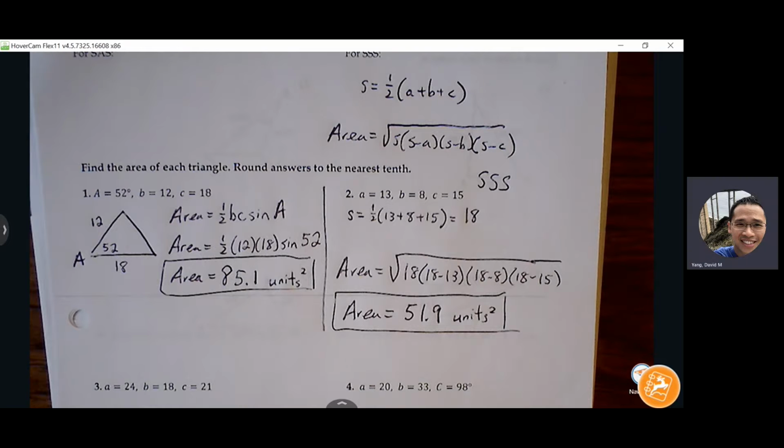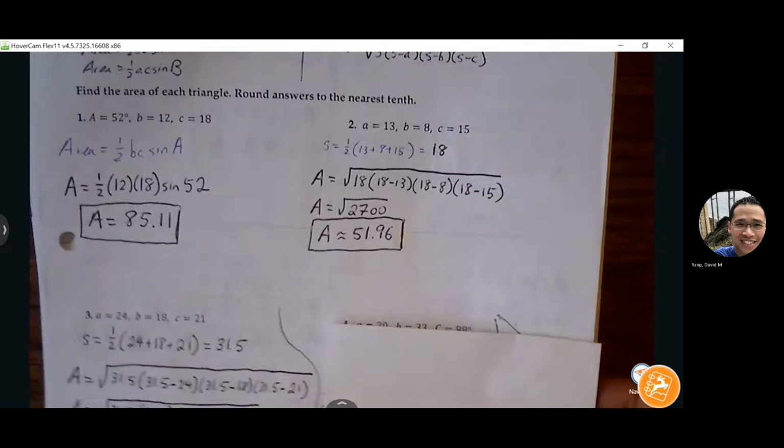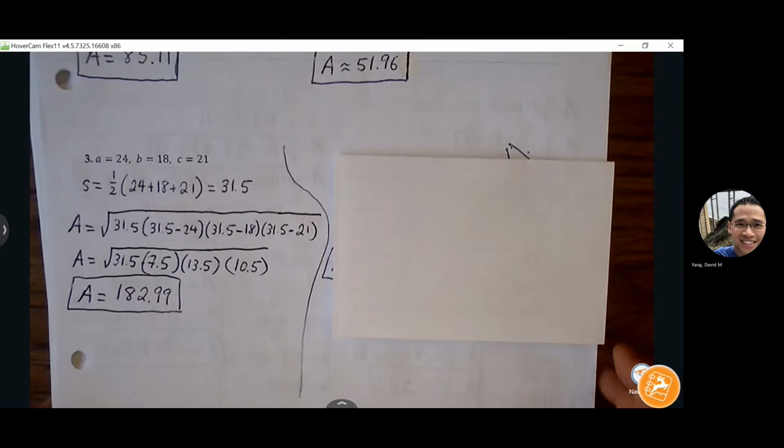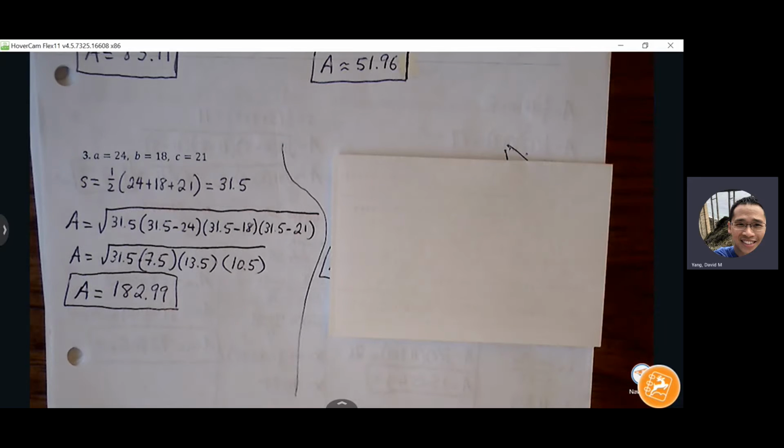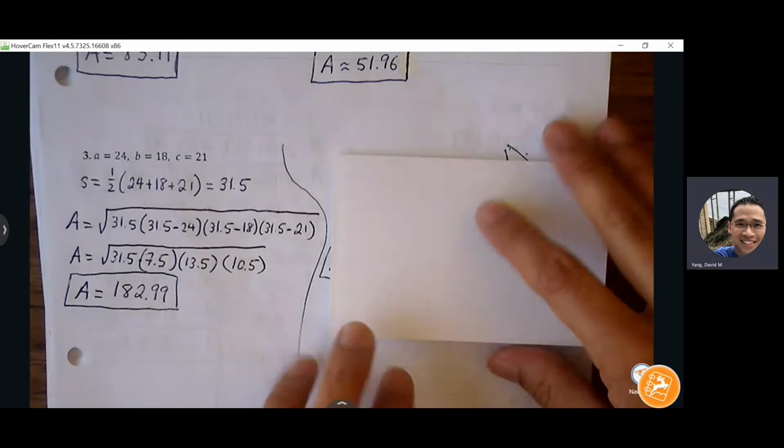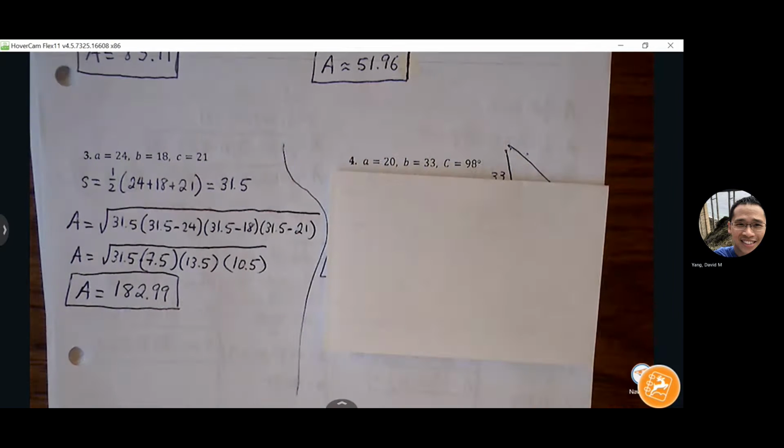All right, here's number 3. Not even drawing the triangle, we know it's side side side. Find the semi-perimeter, and then carefully insert into your area formula.